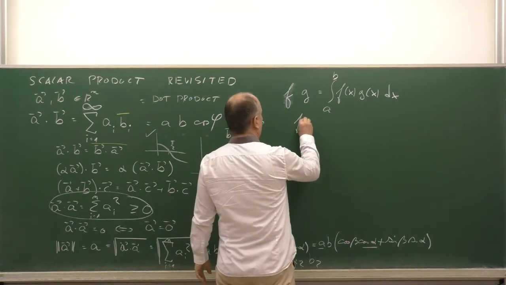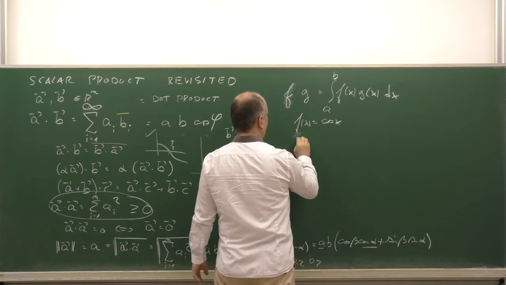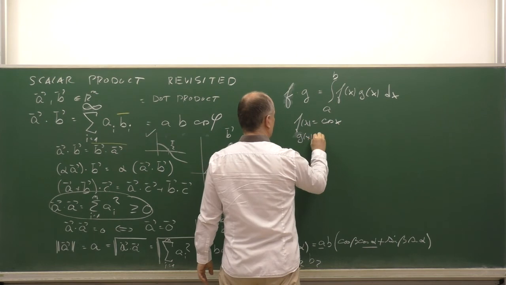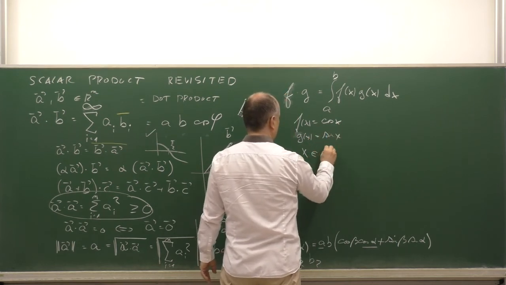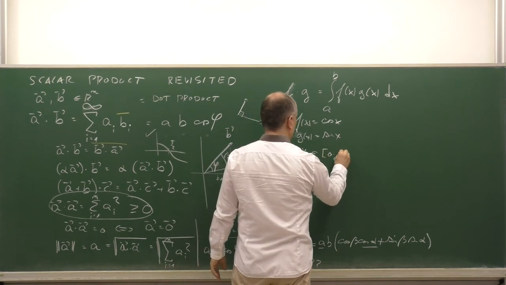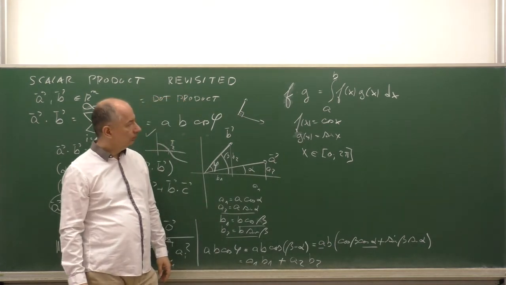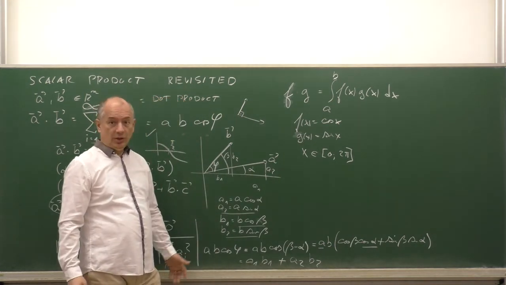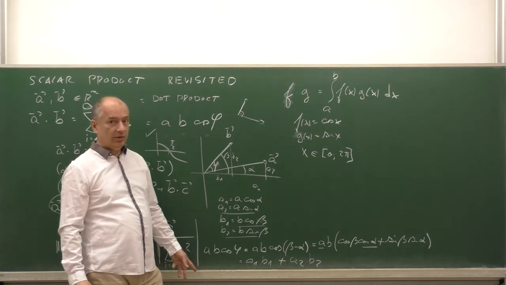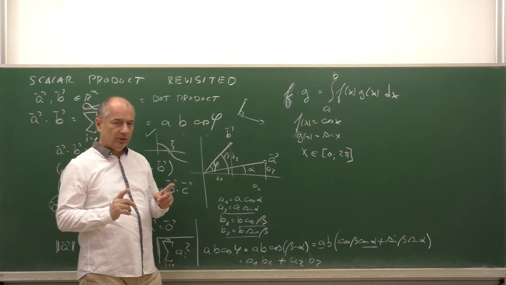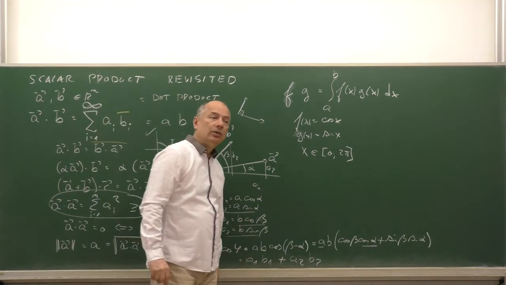Consider the function, say f(x) is cosine of x and g(x) is sine of x for x from the closed interval, say from 0 to 2 pi. Strange enough, it turns out that these two functions in this interval, it's important to say what interval we mean, are indeed perpendicular, are orthogonal.